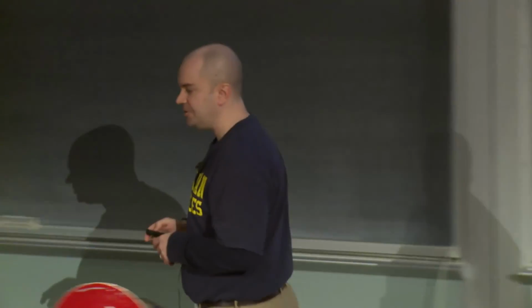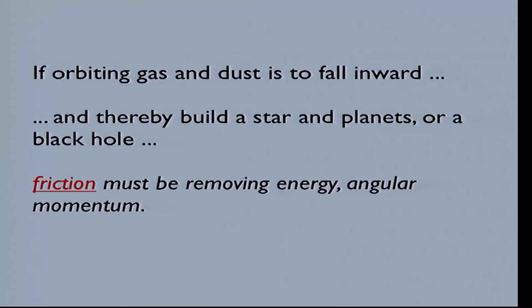That's really the trick here. And the answer is the disk has to have some internal friction, and that will get it to glow, that will get it to heat up, that will transfer the angular momentum, that will solve all of these problems that we have. Let me show you, or remind you really, how this works.